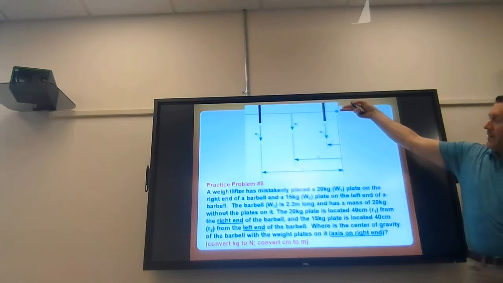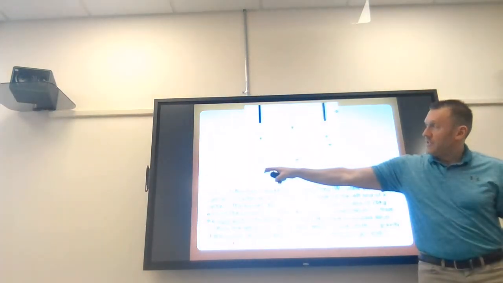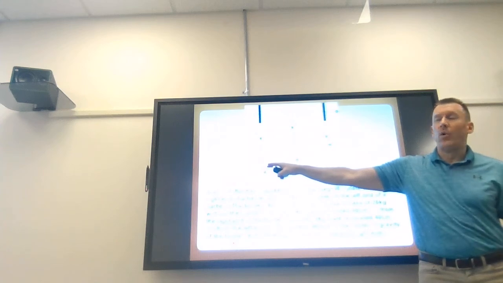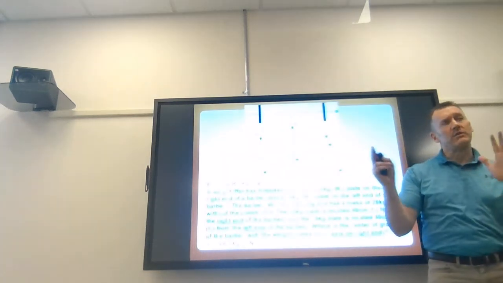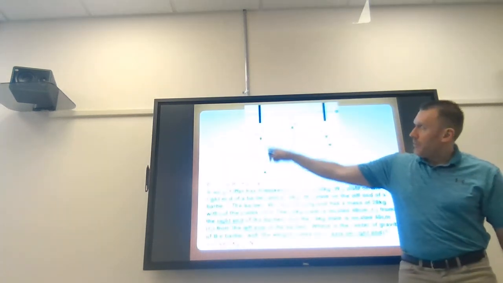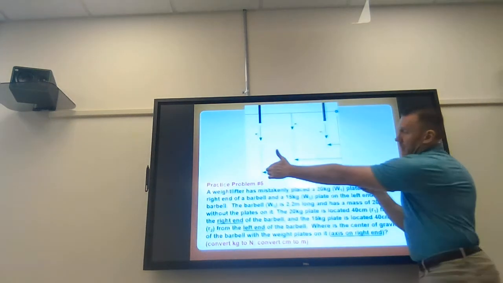So from the right end of the barbell to where the 15 kilogram plate is, 1.8 meters. Because the barbell is 2.2 meters long, the distance from this plate to the end would be 0.4, so 1.8.